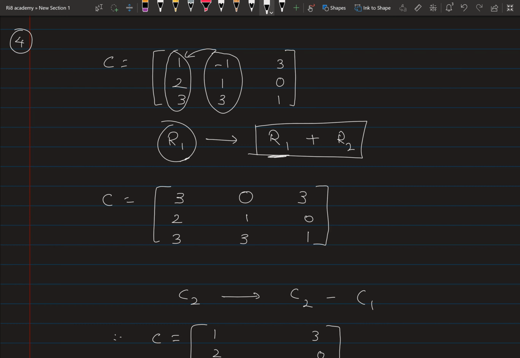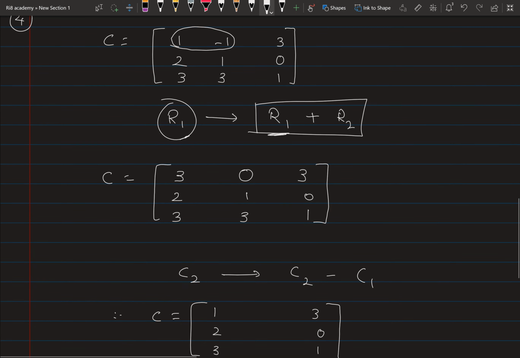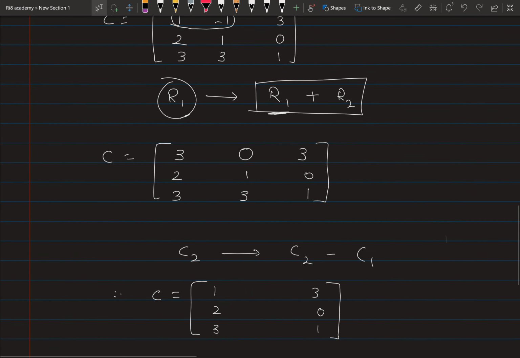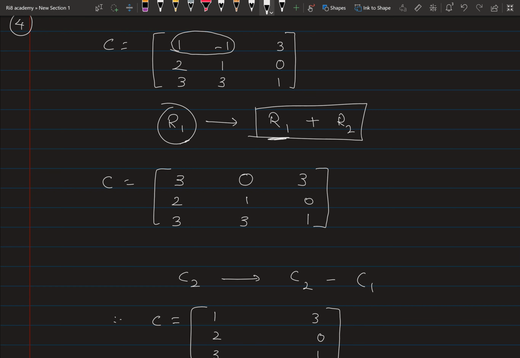So the subtraction is for these respective elements. Okay, so -1 and -1, and that is going to be -2. So we will directly write -2.